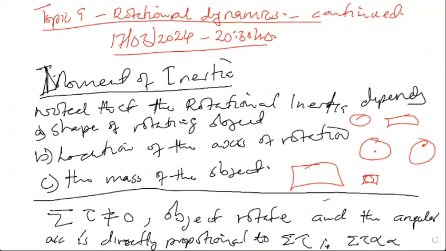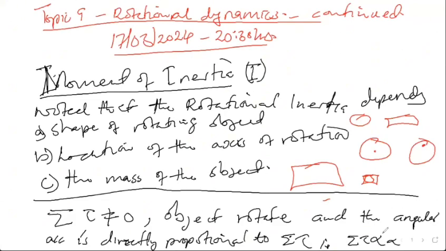So this is what we said. And we have said for moment of inertia, we are going to use the symbol capital I to represent the moment of inertia. The moment of inertia is the constant of proportionality for the equation that we saw here.